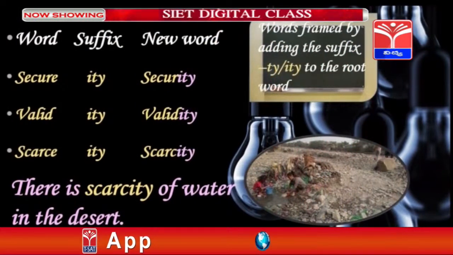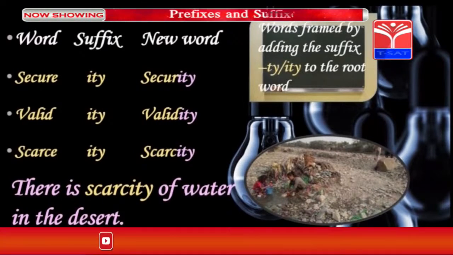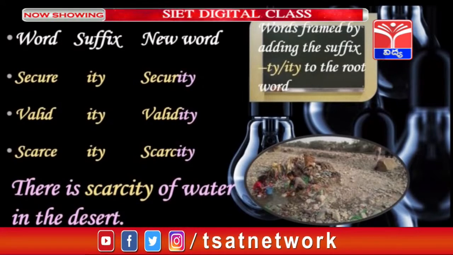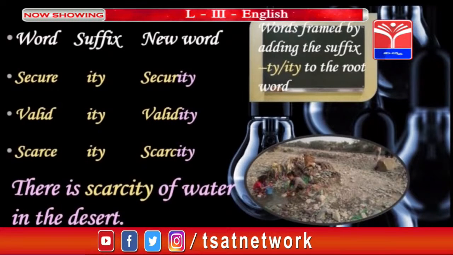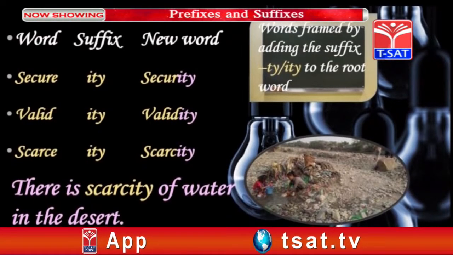Now, let's see the words framed by adding the suffix -ty or -ity to the root word. If the root word is secure, by adding -ity, what does the new word become, children? Yes, very good. It is security.